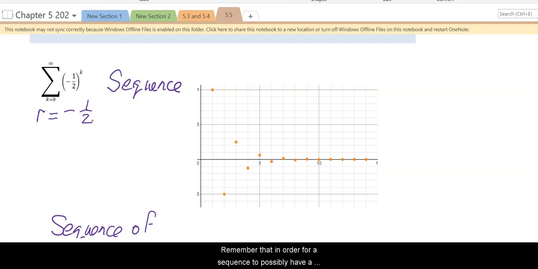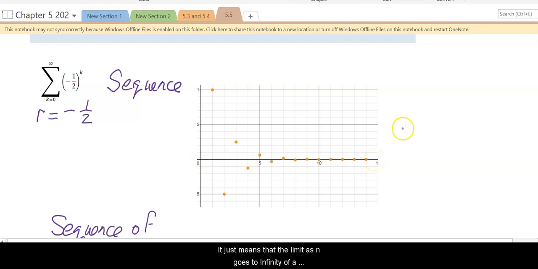Remember that in order for a sequence to possibly have a convergent sum, the sequence itself must go to 0. The first graph you see here is showing that the values of the sequence are going down to 0. You'll notice because it's alternating, we have this above, below, above, below behavior as they narrow down to the value of 0.